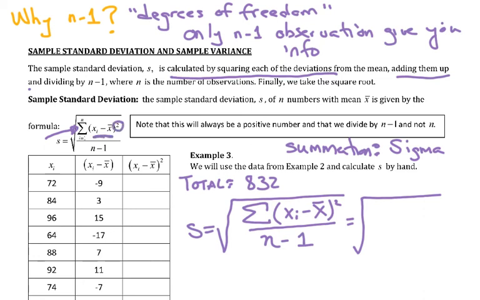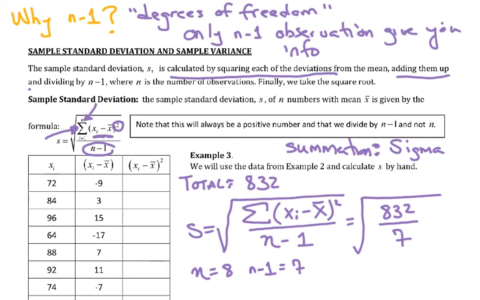Here they are squared. This symbol says add them up and then divide by n minus 1. So I have 832 divided by n minus 1, where n is 8, so 7, and then I'll take the square root.